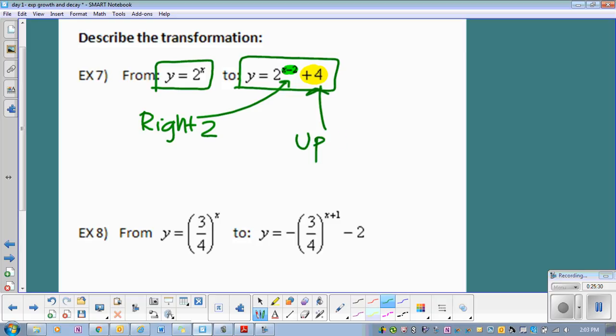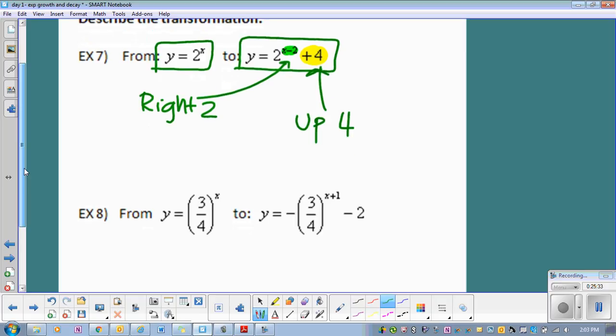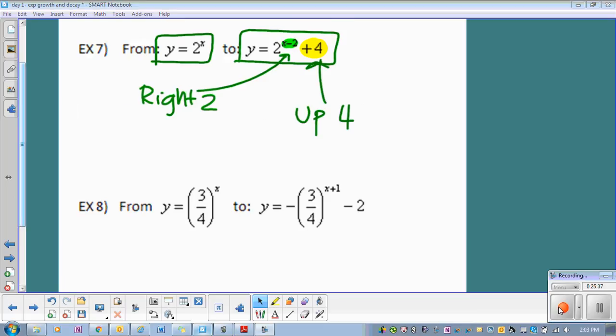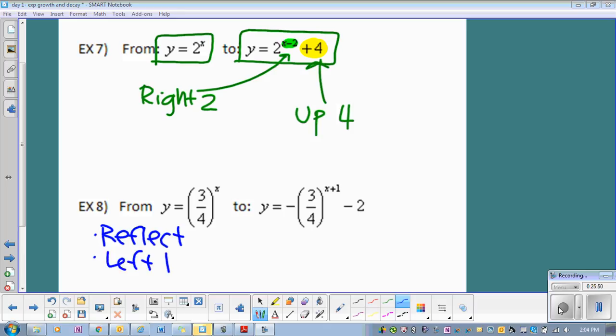Up 4. Good. Perfect. So try 8, please. You guys try. All right, give me 1. What did you say, Alex? Reflect. Left 1. Good. And down 2. Super. Any questions? All right. Great. You guys are doing such a great job.